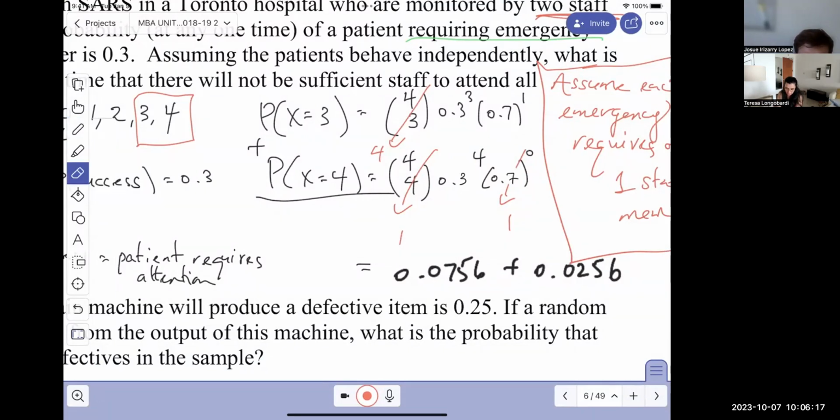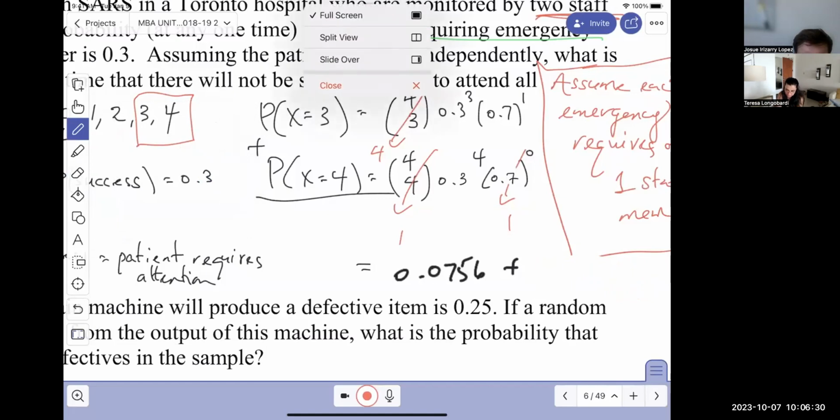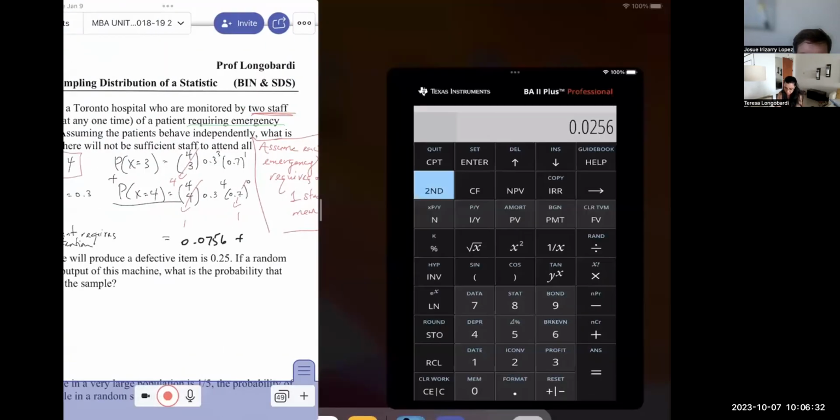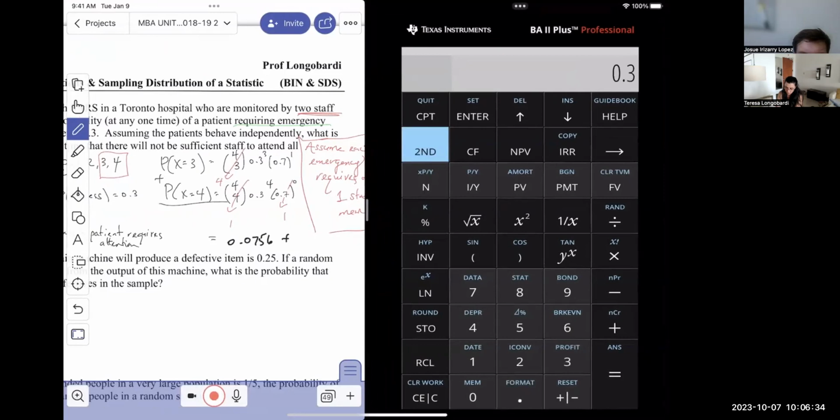And that second one then is 0.3 to the power 4. And then I add, 0.0756 is my answer.